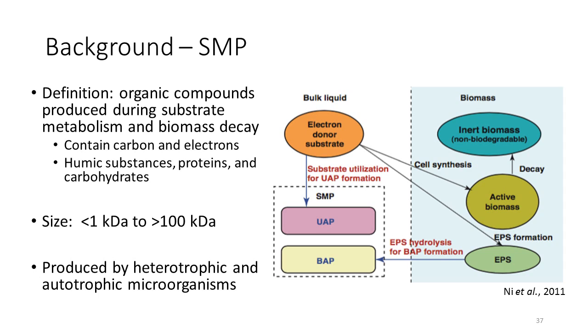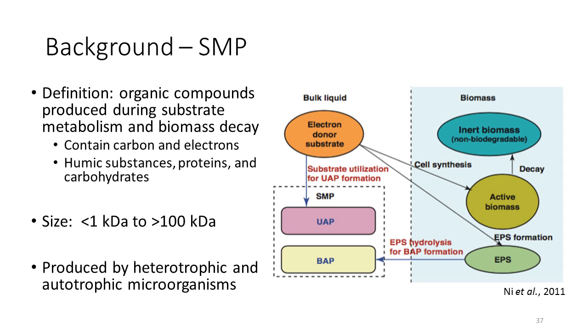And so by this definition, you can tell that SMPs are very diverse. They can be humic substances, proteins, carbohydrates. They can be really small, they can be very large, but they all contain carbon and electrons. They can be produced by heterotrophic microorganisms, which use organic carbon as a carbon source, and also by autotrophic microorganisms, which use inorganic carbon as a carbon source.